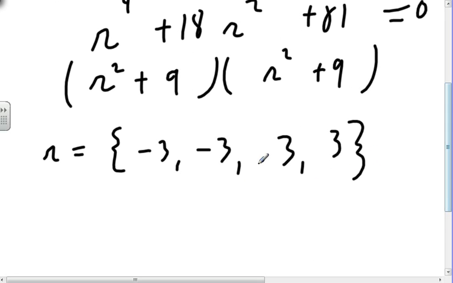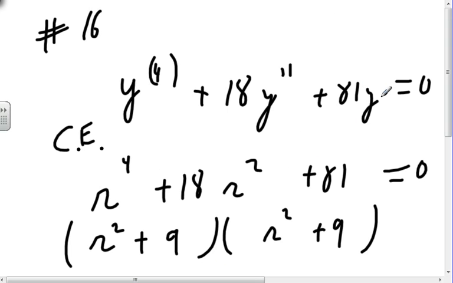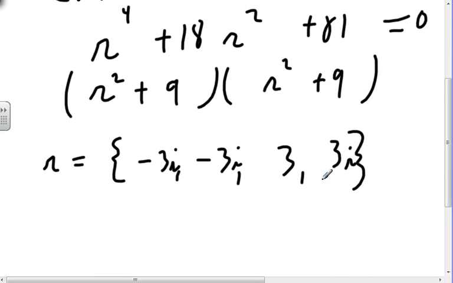And that's not true. No, r to the 0 is 1. Yeah, so it's r to the fourth, r squared, r to the 0. There's no derivative there. But they are i's.